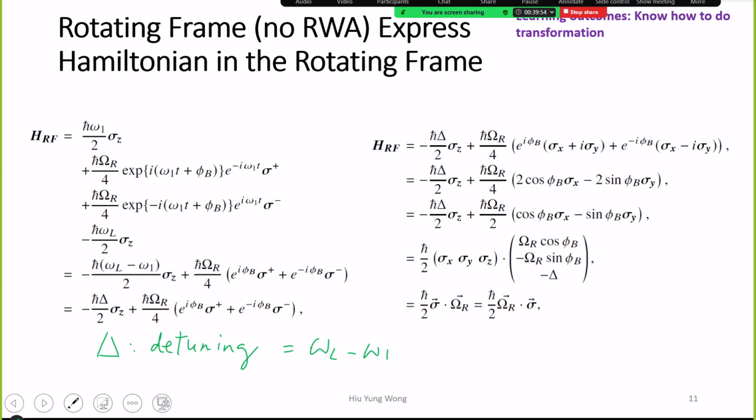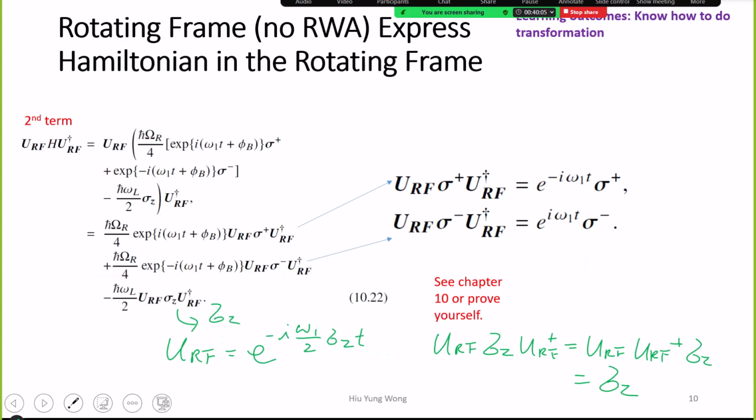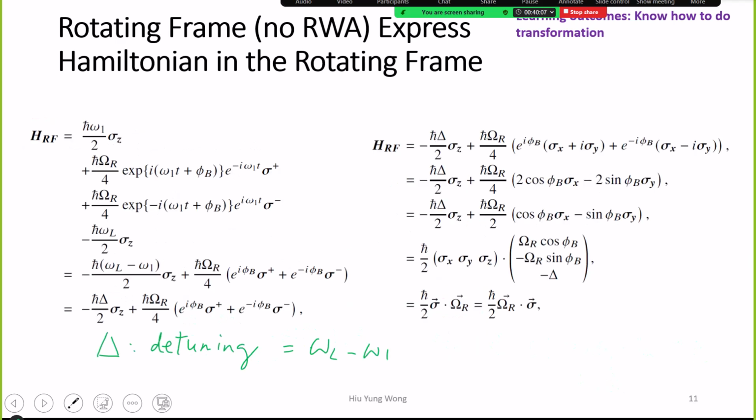So in almost every problem, you will see this detuning, and it is very important. You use detuning to do some interesting physics. Up to this step, I don't require you to be able to derive this, but I hope you realize that because of this derivation, we come up with something called detuning, the difference between the normal frequency. Normal frequency, let me emphasize again, is the characteristic frequency of the system.